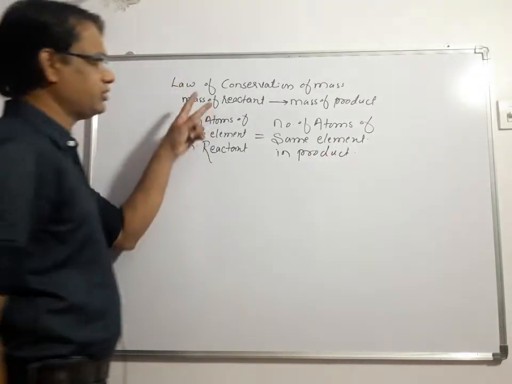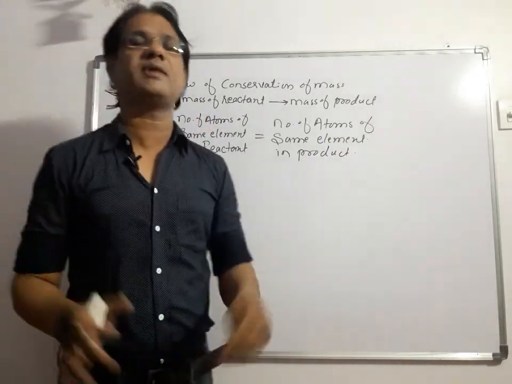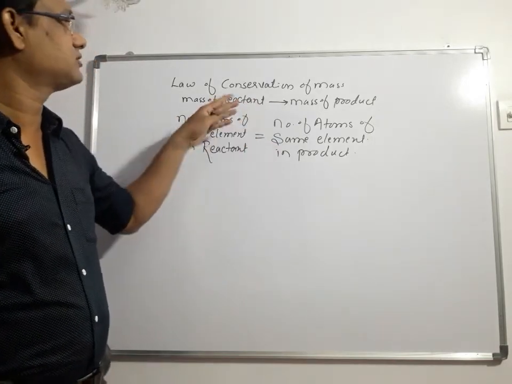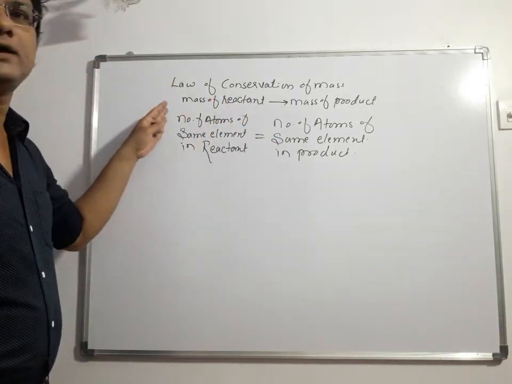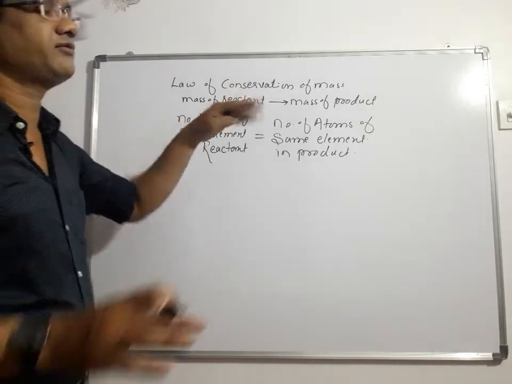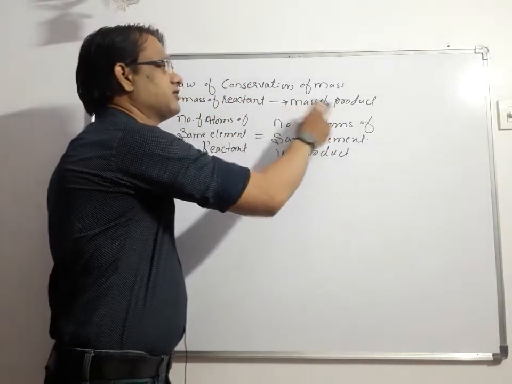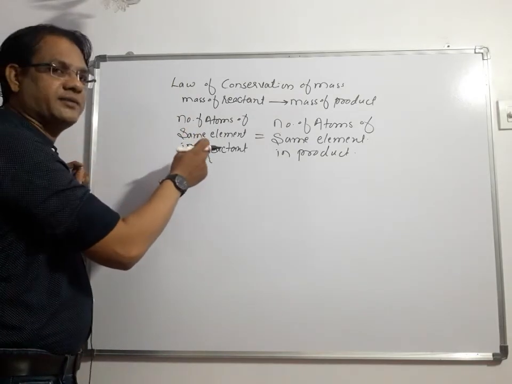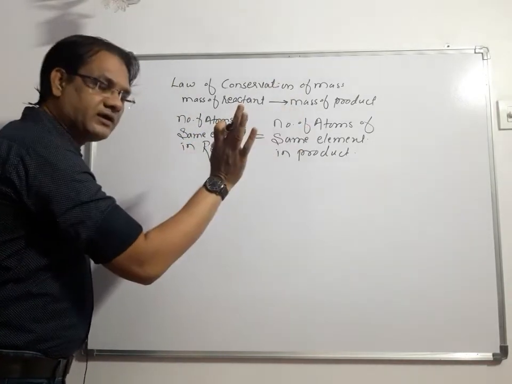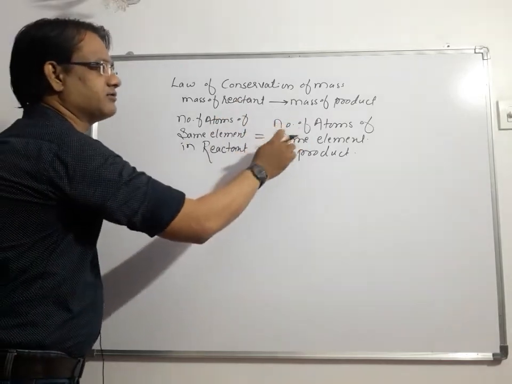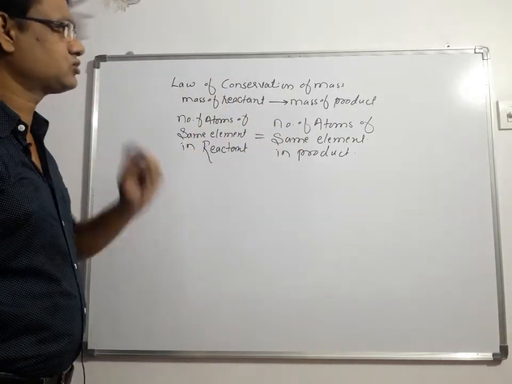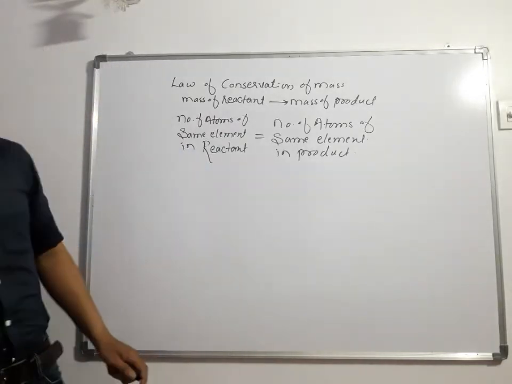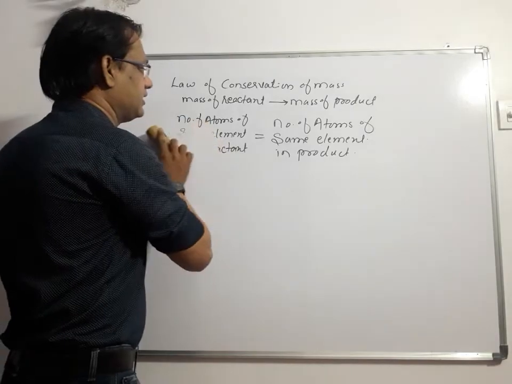So these two important things you have to keep in your mind before starting to balance a chemical equation. The mass of the reactant will always be equal to the mass of the product. In another way, the number of atoms of the same element in a reactant will be equal to the number of atoms of the same element in a product. So keep these two points in mind before we start to balance a chemical equation.